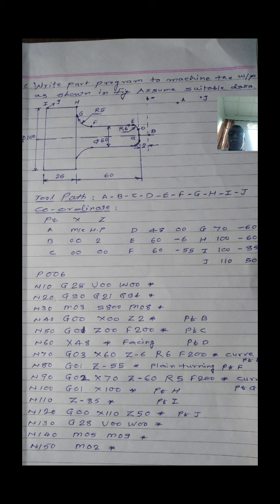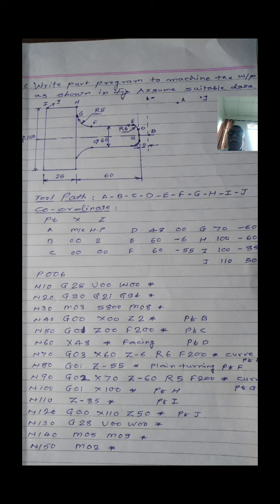As G01 is a modal function, it is not necessary to write it in the next block, and the tool will move along only the Z direction. The X coordinate remains the same. Is it okay? X remains the same, that is X100. The tool will move in the Z direction only, that is Z minus 85, end of the block.